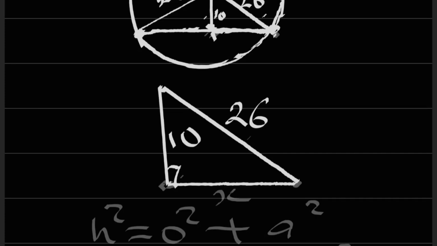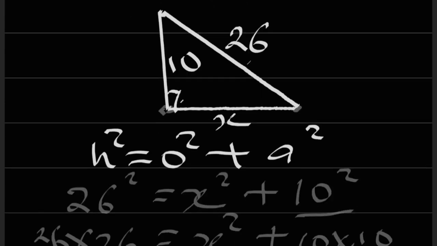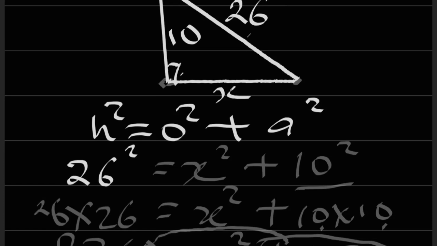And this place that we want to find, let's put x there. We'll make use of Pythagoras theorem to get this part. Pythagoras theorem says hypotenuse square equals opposite square plus adjacent square. The hypotenuse is the longest side, that is the side opposite the 90 degrees. So we have 26 squared equals x squared plus 10 squared.